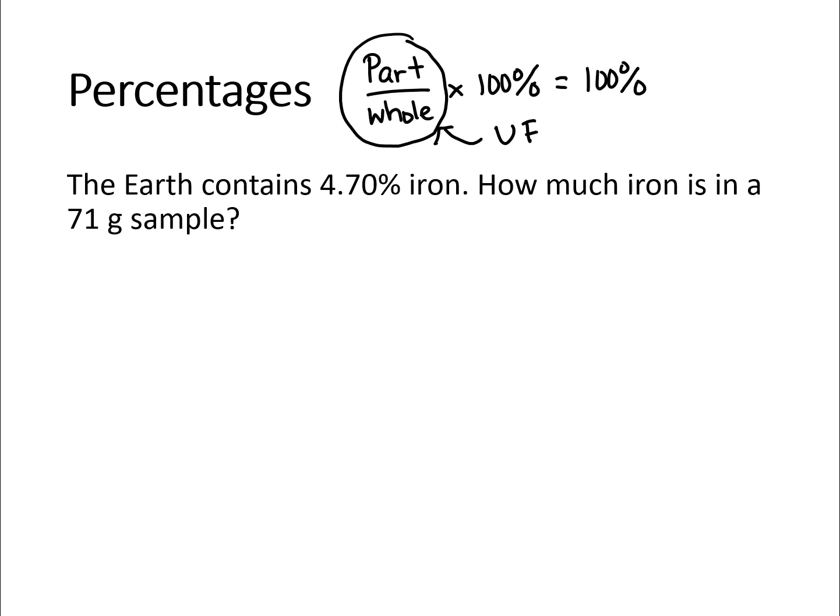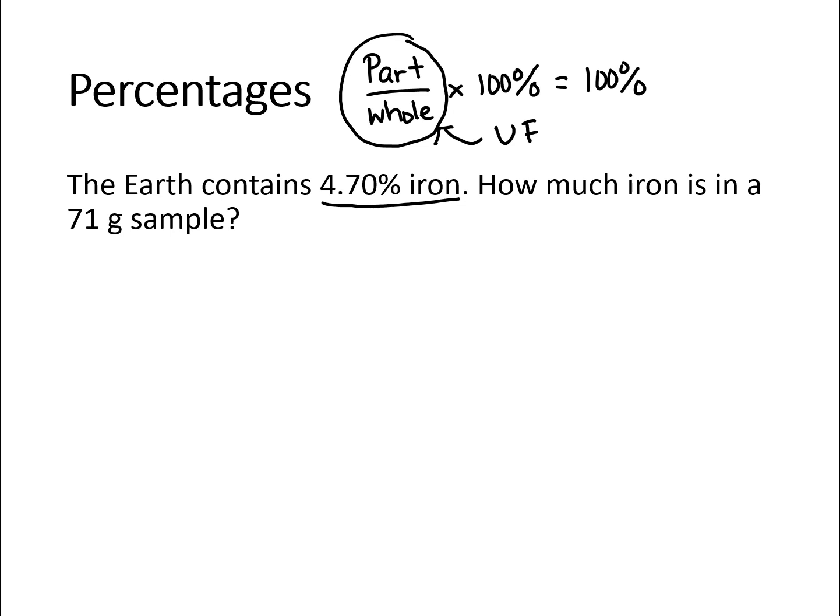So what I want you to do first, and I know we're switching gears, we have this percentage, 4.70% iron. I want you to write 4.70% iron as a unit factor.